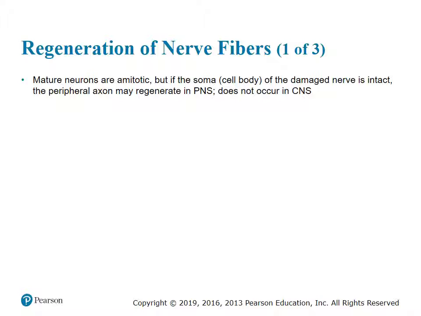And this one here, let's talk about the regeneration. How we actually can do this. So when neurons become complete, or matured, they also become amitotic, incapable of undergoing mitosis.